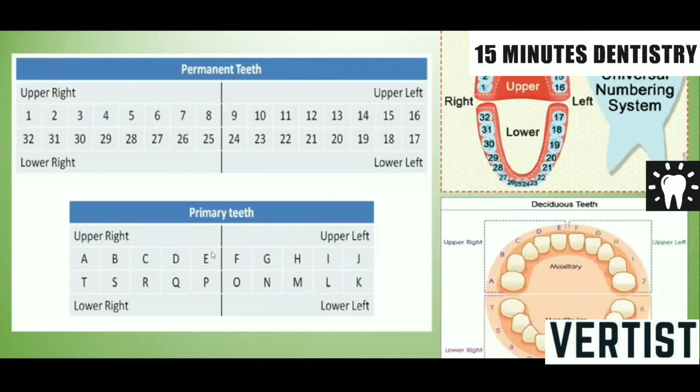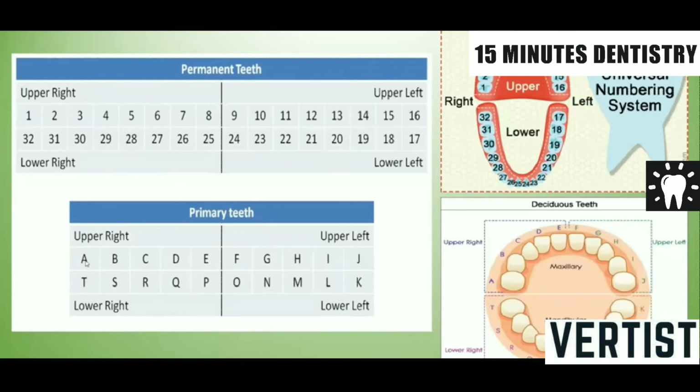And for the primary teeth, the English alphabets in uppercase are used. So upper right, upper left, lower left and lower right. To begin with, A is the maxillary deciduous second molar, continuing along the maxillary arch. On the left side, the second molar is J. Dropping down to the mandibular arch, it begins with the lower left second molar and goes in a clockwise direction till the lower right second deciduous molar.